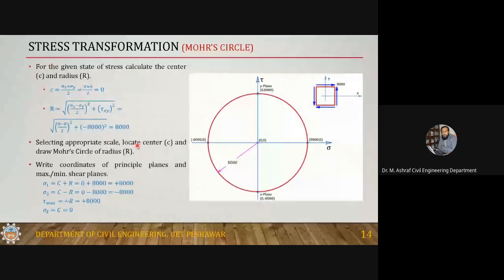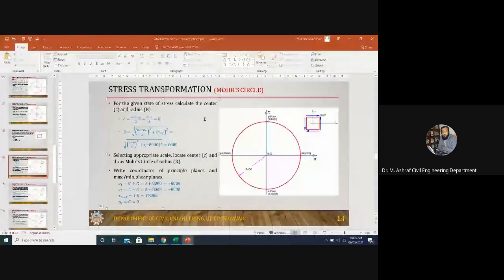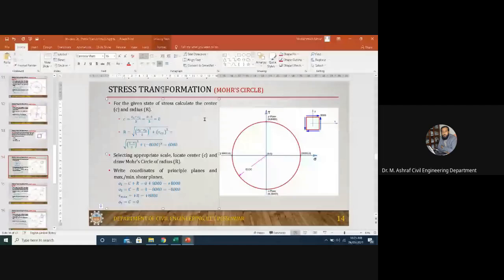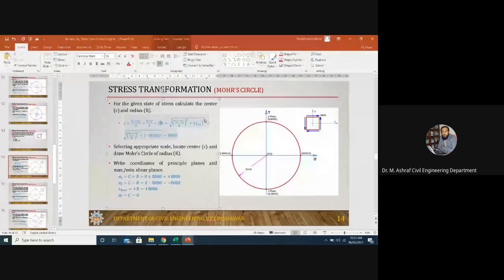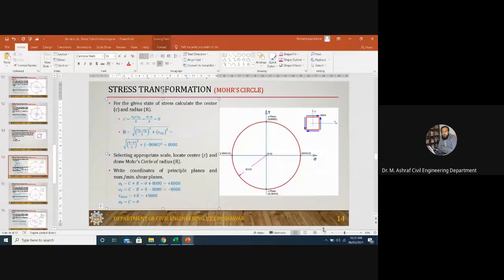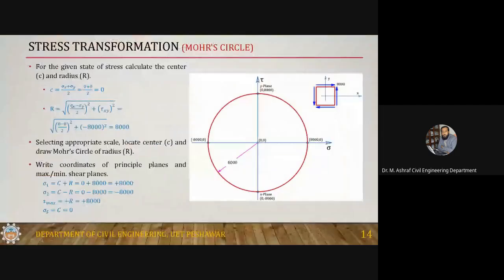Now our first set of steps: for the given state of stress, calculate the center C and the radius R. The center C is 0, because the normal stresses are 0.